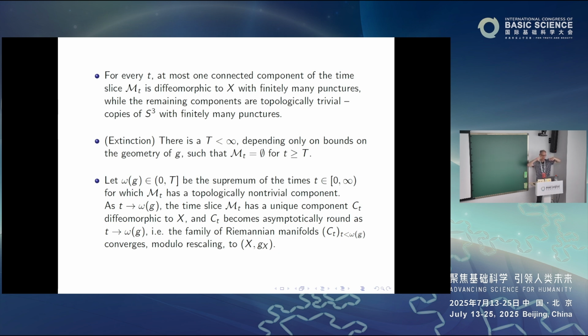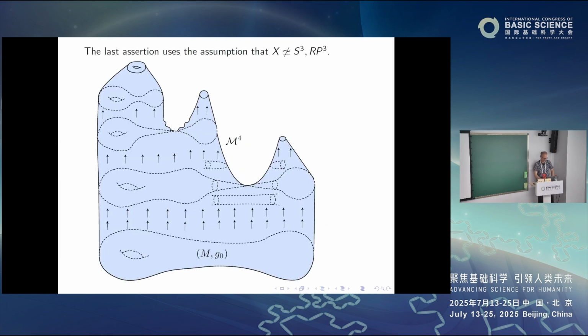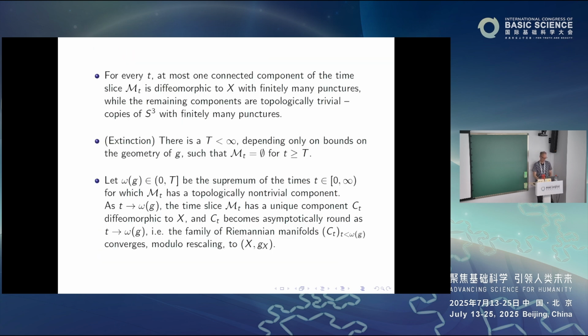All the other components are topologically trivial. They're three spheres with finitely many punctures, each of them. We already saw that. Here my X has become M, but here you see the original manifold punctured at one point, for example, and over here you see the three sphere punctured at one point.